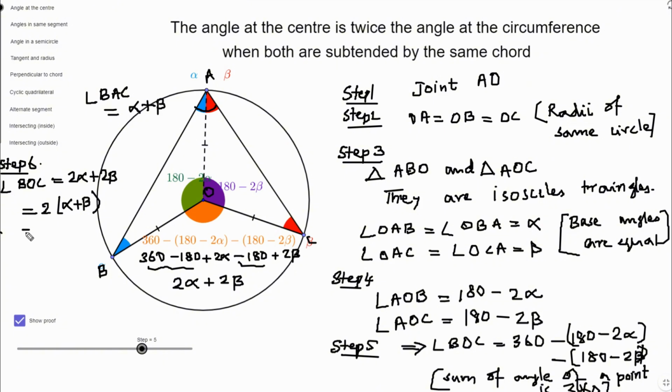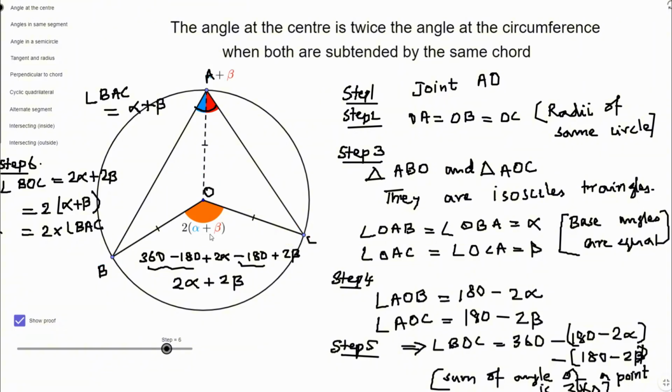So instead of alpha plus beta, we can write angle BAC. So 2 times angle BAC. So the angle at the center, BOC, is 2 times the angle at the circumference. That is the last final step in the proof.